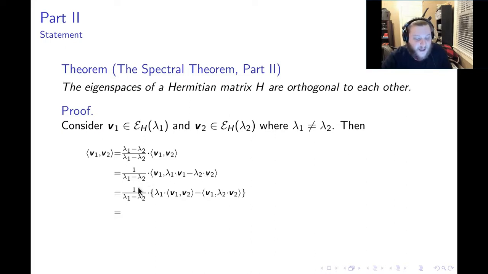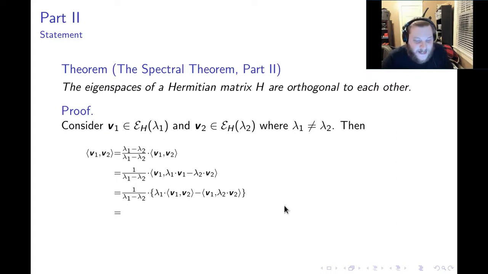So now we have our fraction, multiplied by lambda 1 multiplied by the inner product of v1 with v2, minus the inner product of v1 with lambda 2 times v2. We're pushing all these symbols around, and we're hoping that pushing them around will maybe jog something loose here.